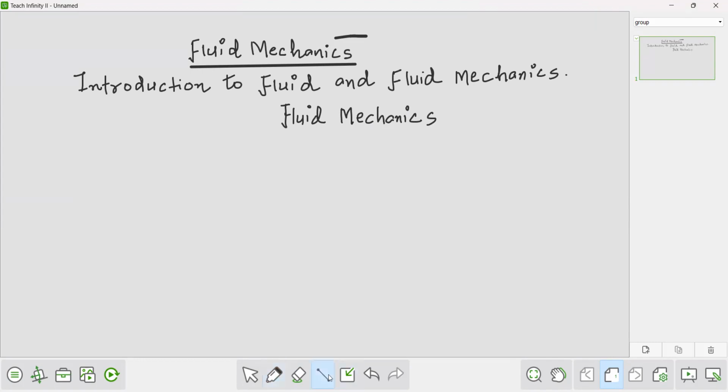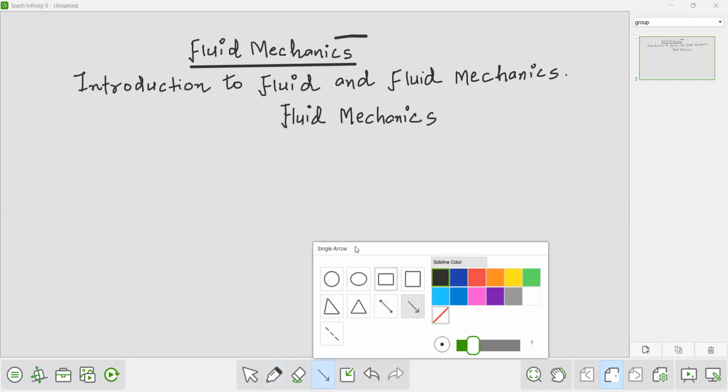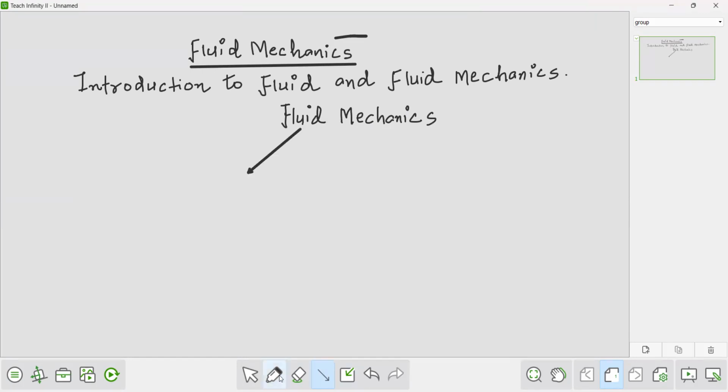What is this fluid? First, I am going to explain this. Any substance which can flow is called fluid.